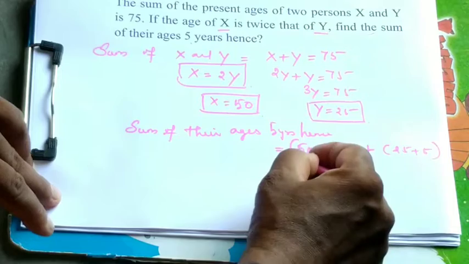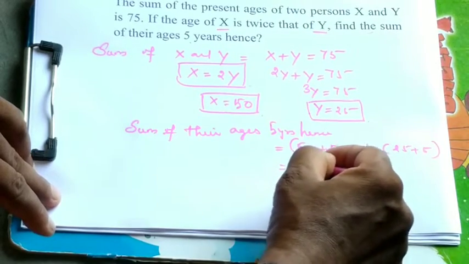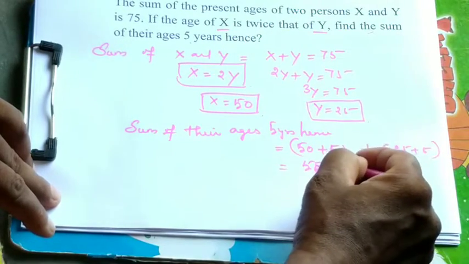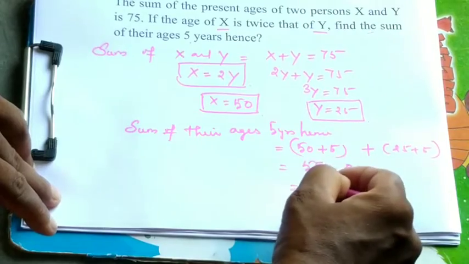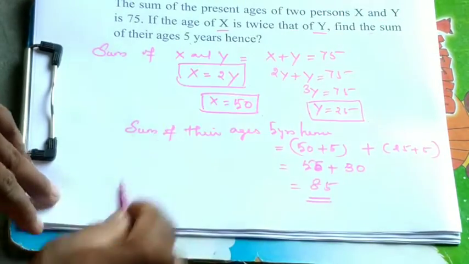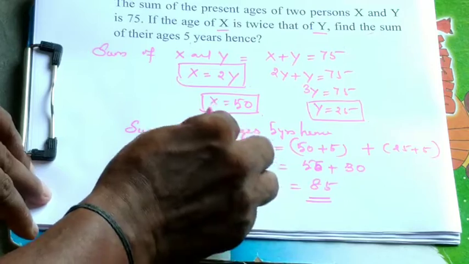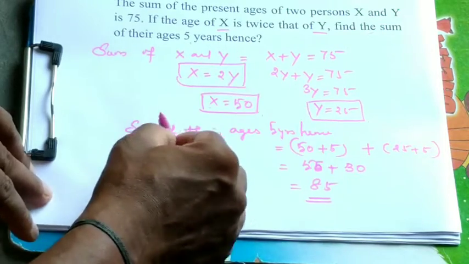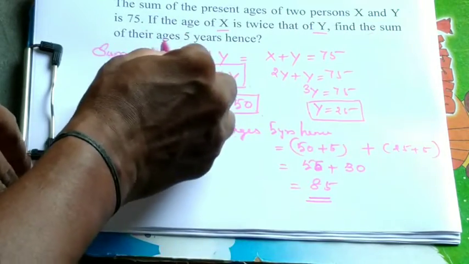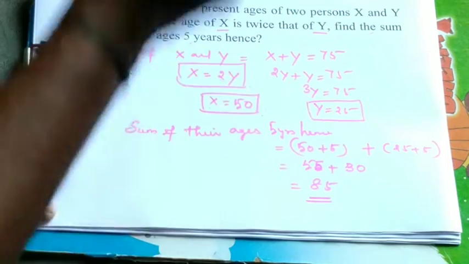So now it becomes 55 plus 30, which becomes 85. So here, first you find the value of x and y, and by using this you find the sum of the ages after 5 years.